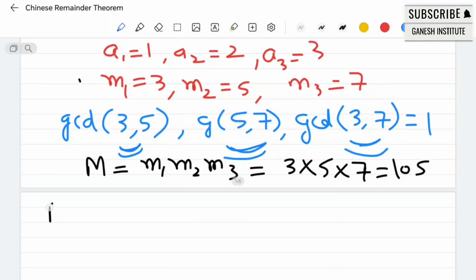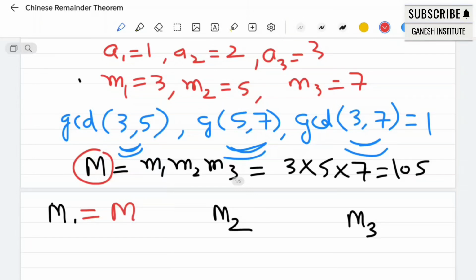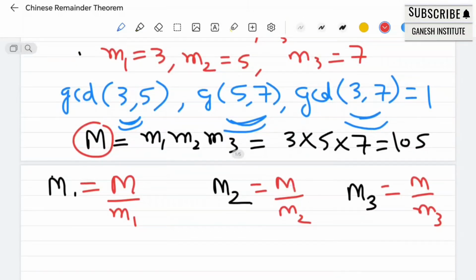Now you need to find out capital M1, capital M2 and capital M3. For that, you take your capital M and divide it by small m1. Similarly, do it for m2 and m3 as well. Now, what is your capital M?